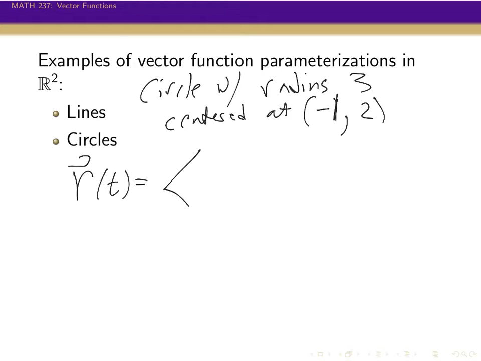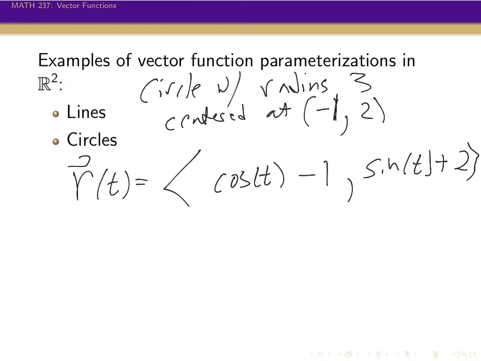If I had r of t be cosine of t minus 1, sine of t plus 2, this would be a circle with radius 1.